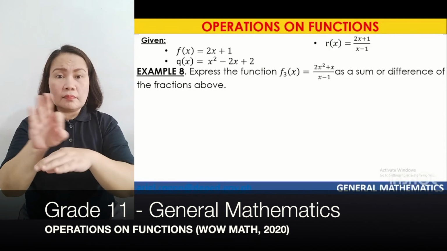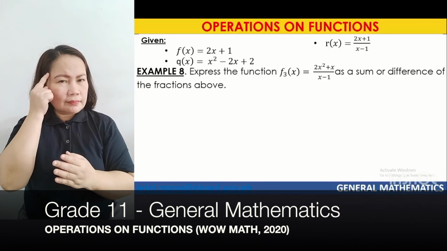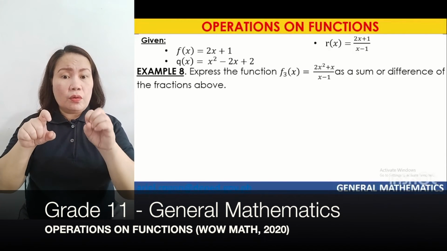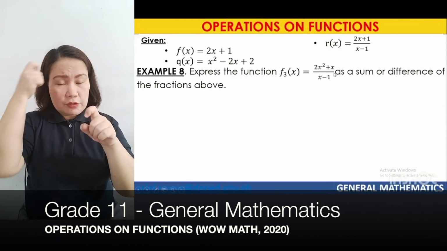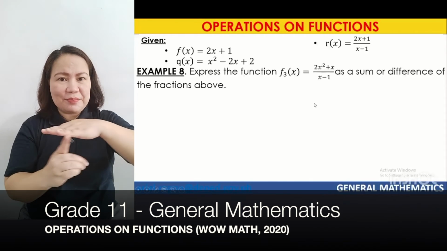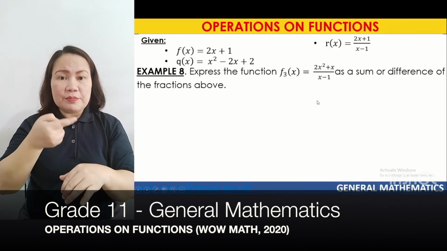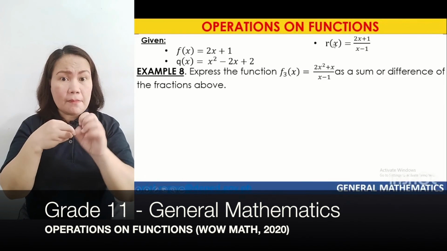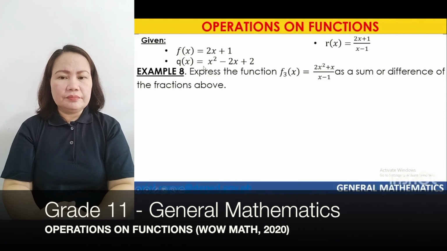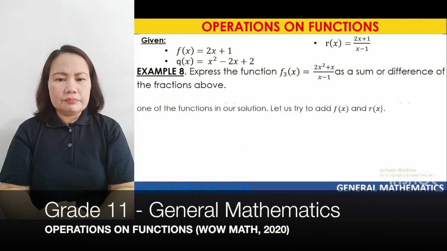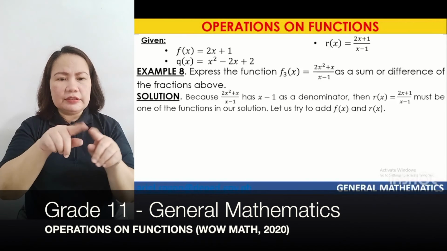What do you think? Do we add f of x and r of x because there is a denominator? Already there is a hint or clue here: we will use this because there is an x minus 1 below. So think about whether it is the sum of f of x and r of x, which you can try, the q of x and r of x, or the difference of the two. So, what will we try?